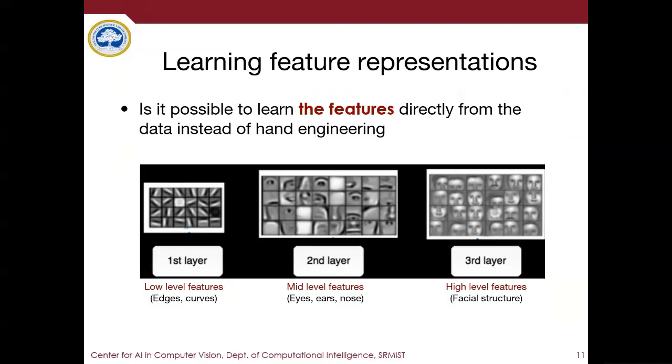Every layer of these neural networks learns some sort of features. Using different layers of filters, it tries to learn different kinds of features. In the first layer, it may learn very low level information, simple structures. In the next layer, it will analyze more block level information.